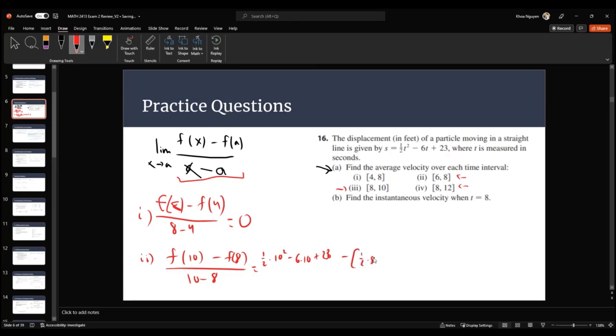So you would put 1/2 times 8 squared minus 6 times 8 plus 23, all over 10 minus 8, which is just 2. I'm just going to plug that into a calculator, and then you should get minus 6 times 10.